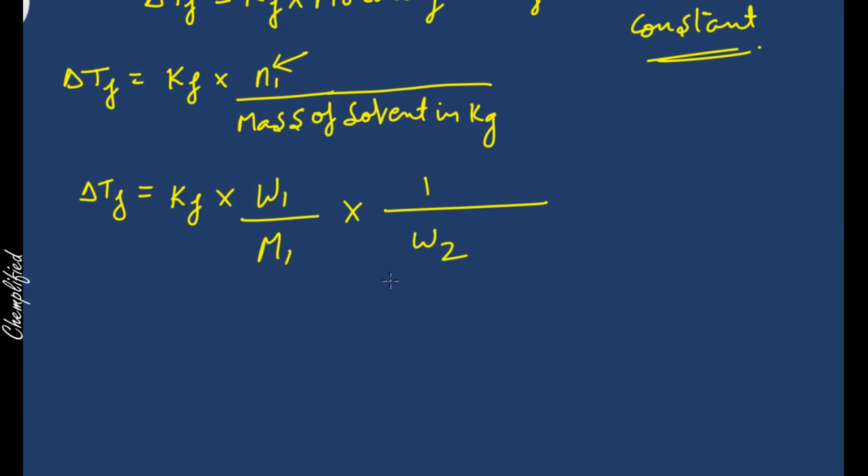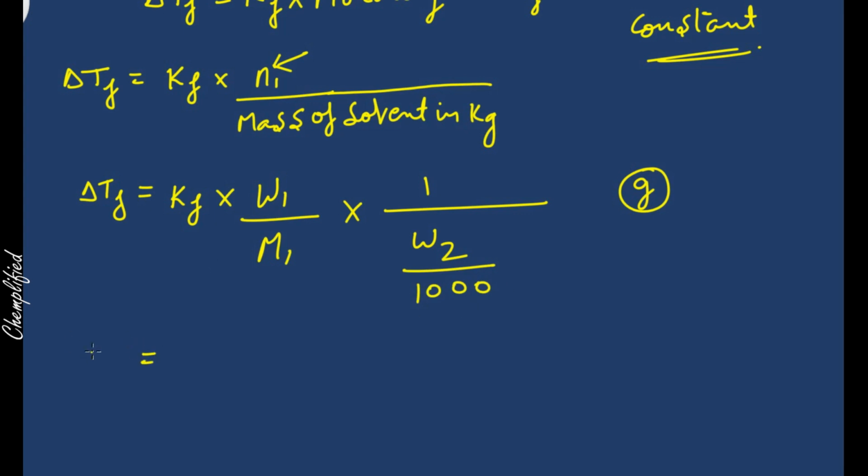Now in general we find that in our questions the weight of solvent is given in grams, so you have to convert that weight into kilograms. To convert it you have to divide by 1000.